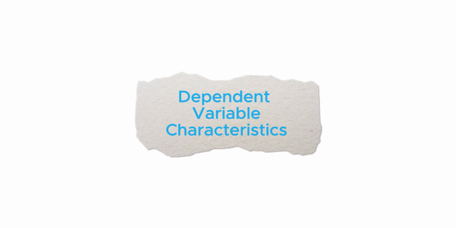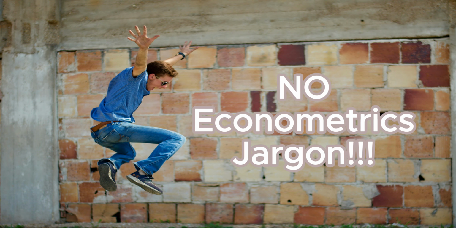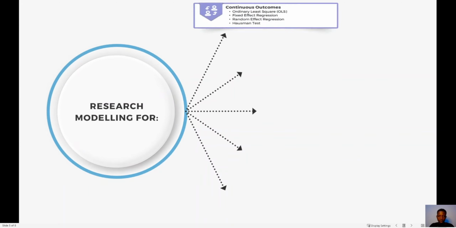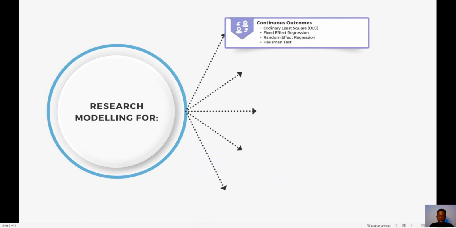However, for this video, we will focus on the dependent variable characteristics. Note that we will not consider the econometrics jargon here. So, the research modeling for a continuous dependent variable, which means that there is no restriction on the dependent variable outcomes.